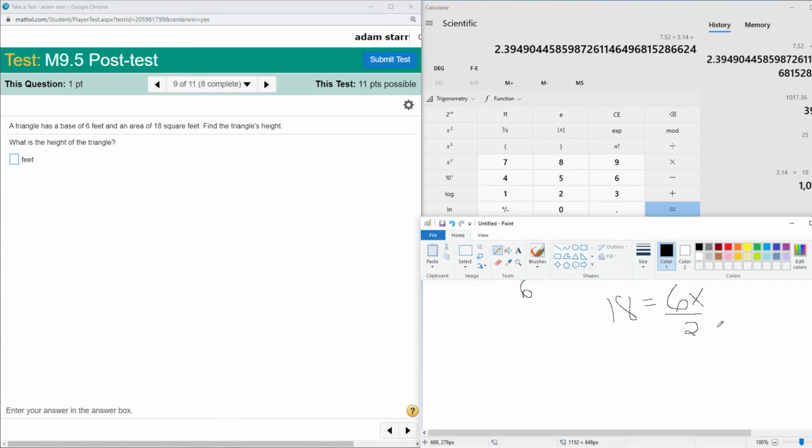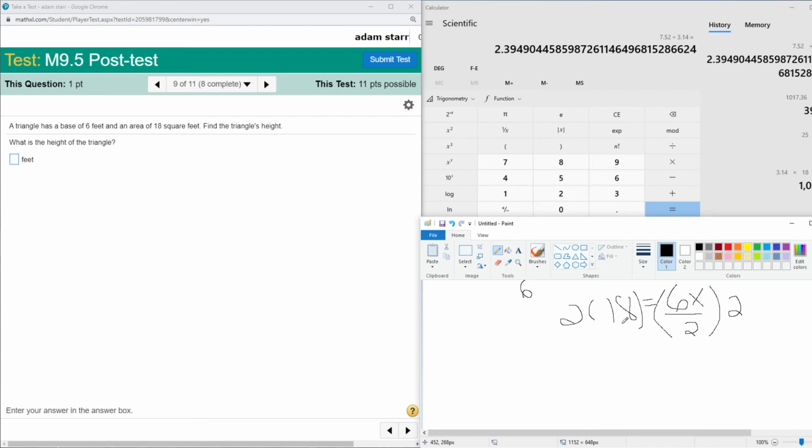So to solve this equation for x, the first thing I need to do is get rid of this dividing by 2 here. To undo a division of 2, we're going to do its inverse operation, which is multiplying by 2. But if we multiply by 2 on the right side of the equal sign, we have to multiply by 2 on the left to keep the equation balanced.